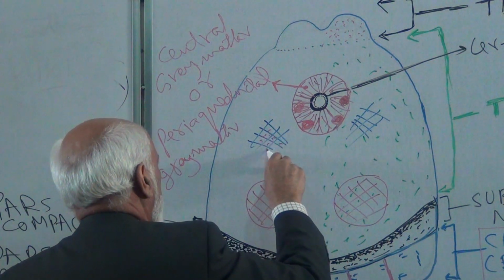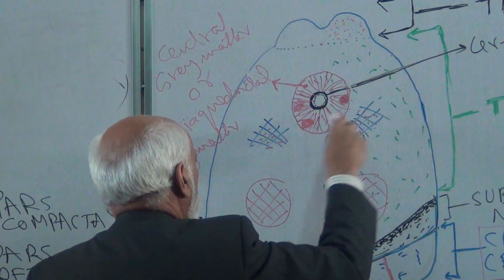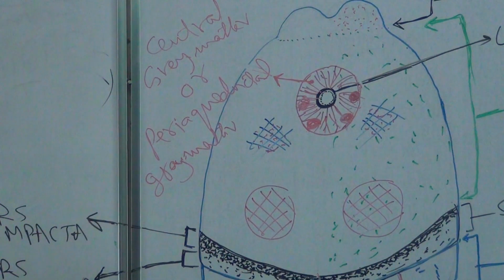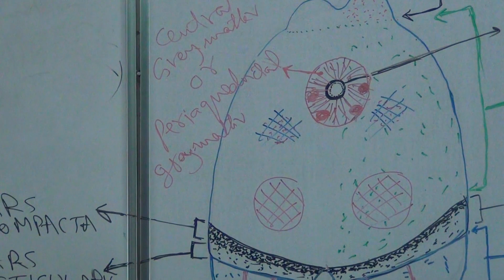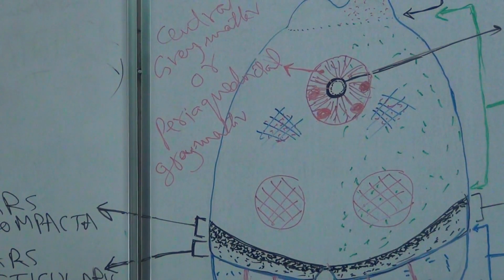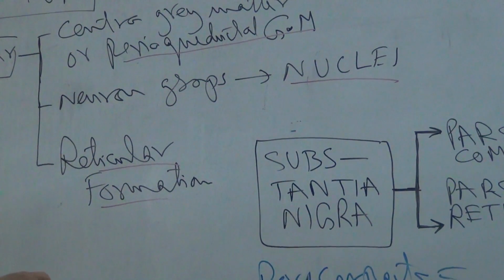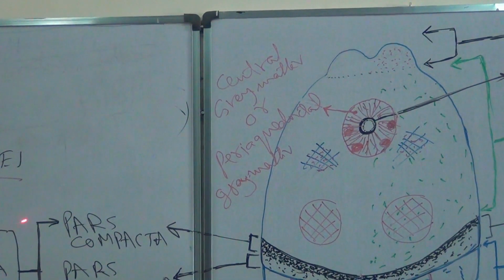This is reticular formation. All these we will discuss later on in detail. So this is how gray matter is distributed in the tegmentum of the midbrain, in the form of central gray matter, in the form of different nuclei, and in the form of reticular formation.